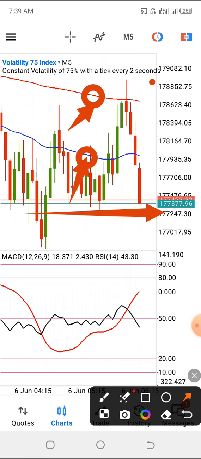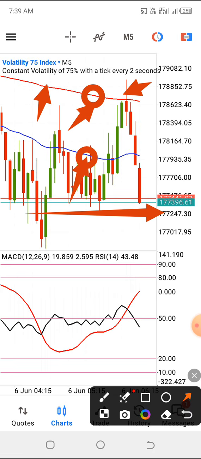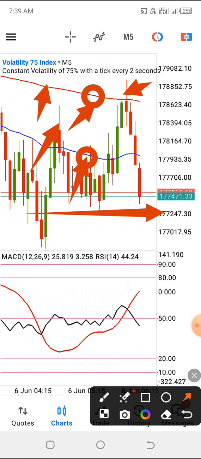Now look at this one. Can you see it? So the market crossed this line, but never crossed again. When you are using this strategy and the second one crossed this one, the one that crossed here later got to this point and it reversed.